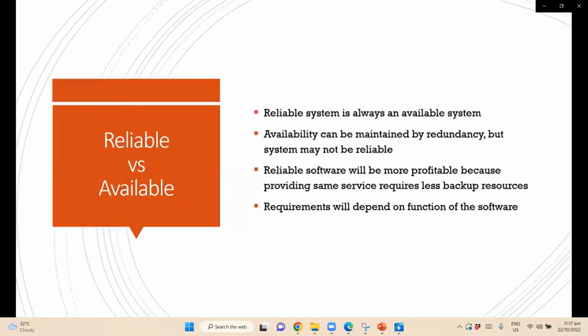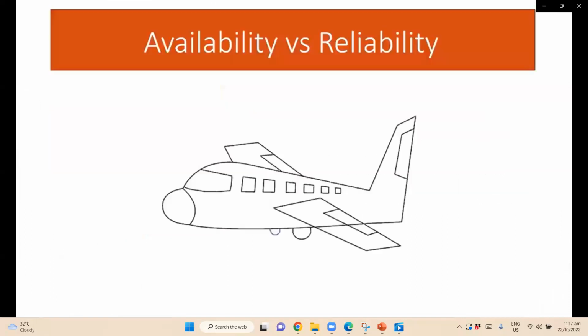If it explodes, there's potentially people that could die. So you always have to keep in mind what you're shooting for, what your goal is, and whether it's worth the investment for the availability.